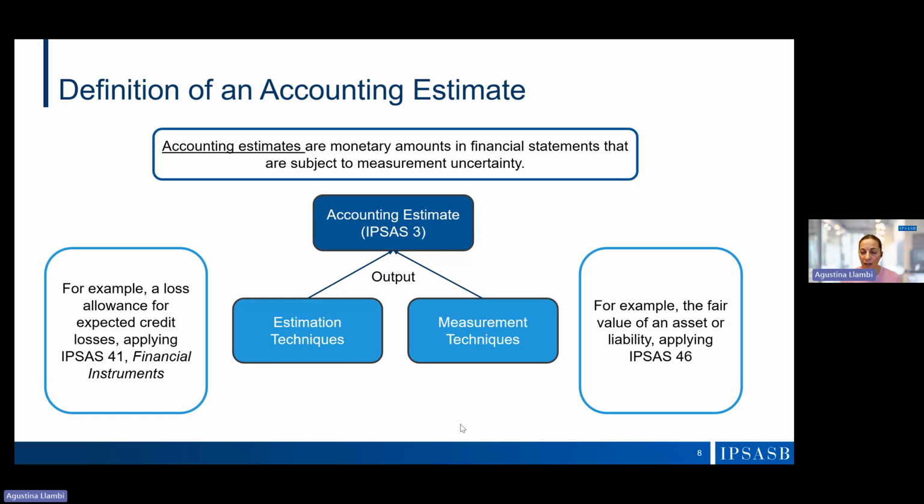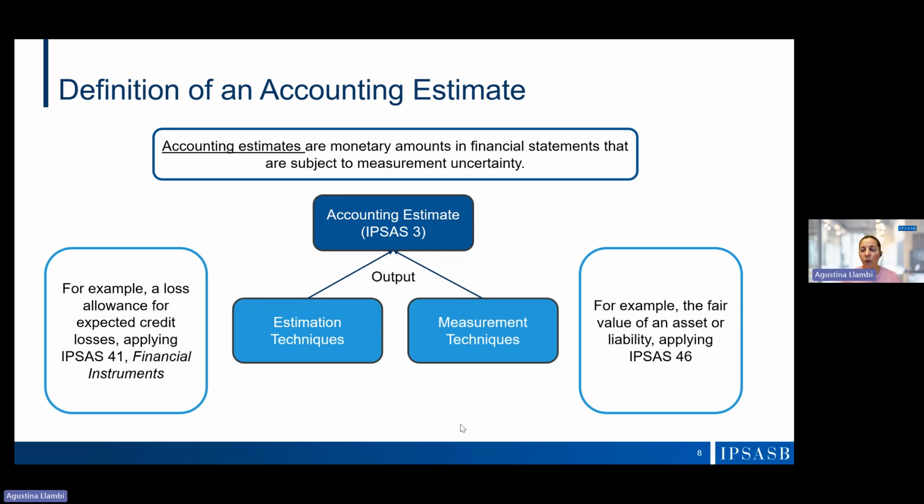When I'm trying to calculate my allowance for different liabilities that I might have. And then we see the other one, measurement techniques, that we were just discussing in a way, when we think of determining fair value through using the cost approach, the market approach, and the income approach.